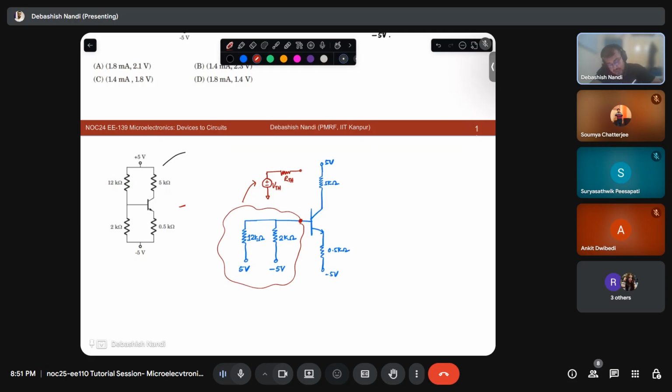You need to find the two nodes between which you should apply the Thevenin theorem. Let me consider these two nodes, this two port. So by the way, what is Thevenin's theorem?